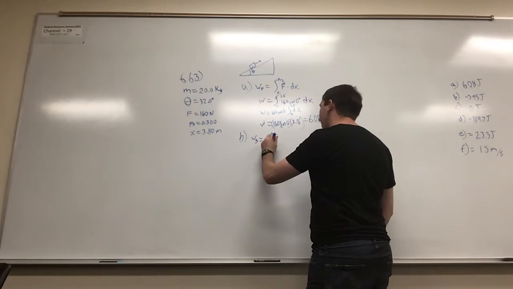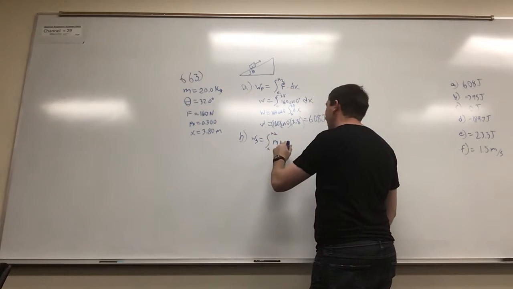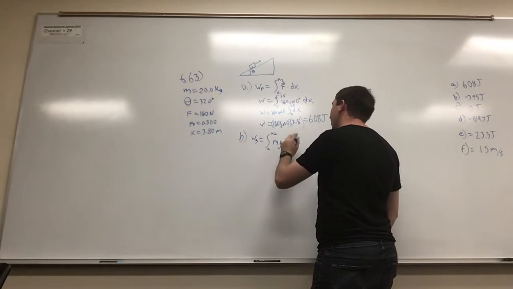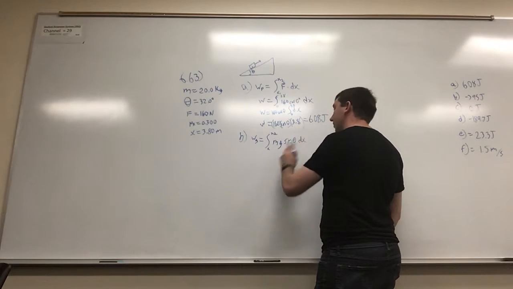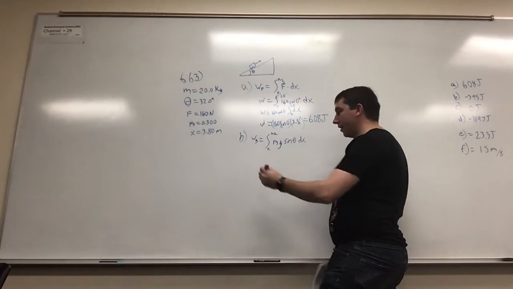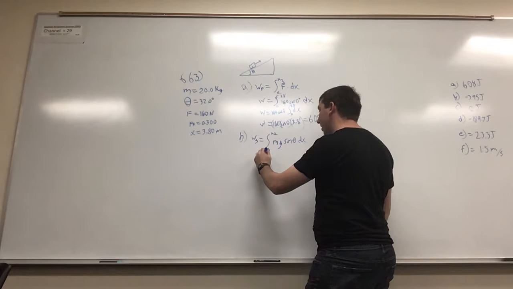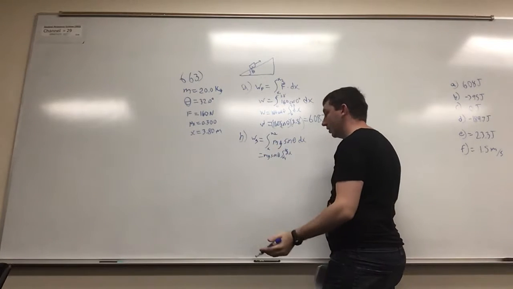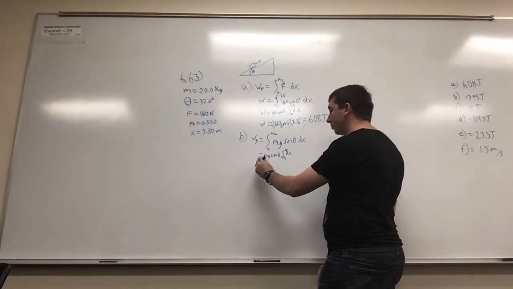So we're going to have the mass times the gravity times sine of the angle dx. So then all of that comes out of the integral. So we get mass times the gravity times sine the angle integral dx from x1 to x2.